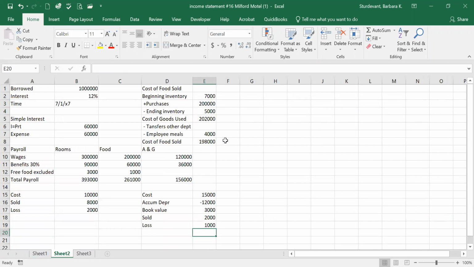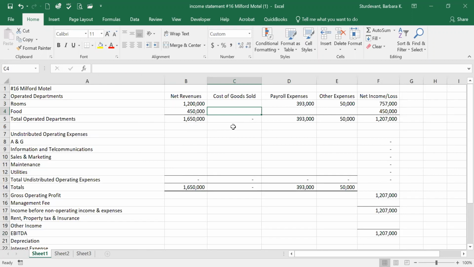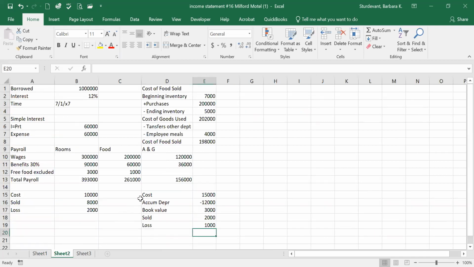We're gonna pick up this number right here. This is why you do all that additional information first. Makes doing the actual spreadsheet much easier. Okay, payroll again, we calculated over here. So we're gonna go pick up this.